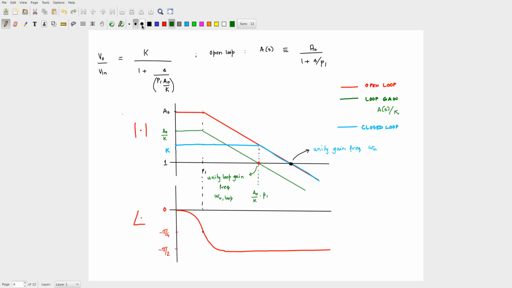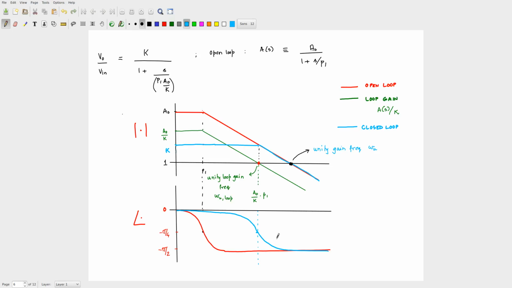Maybe we should draw it for completeness, only for the closed loop function. This will be pi by 4, right? So this whole thing will just get stretched a little bit. So that will be the phase response for the closed loop function.